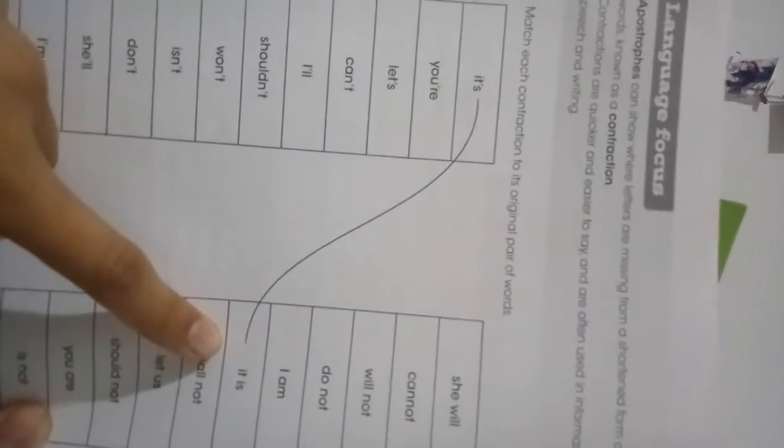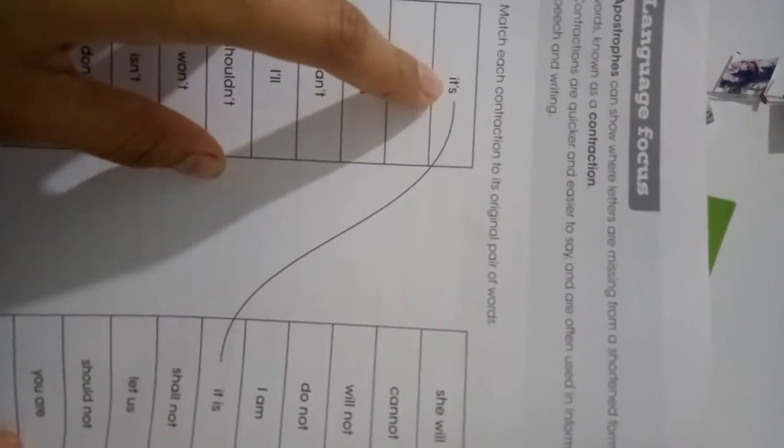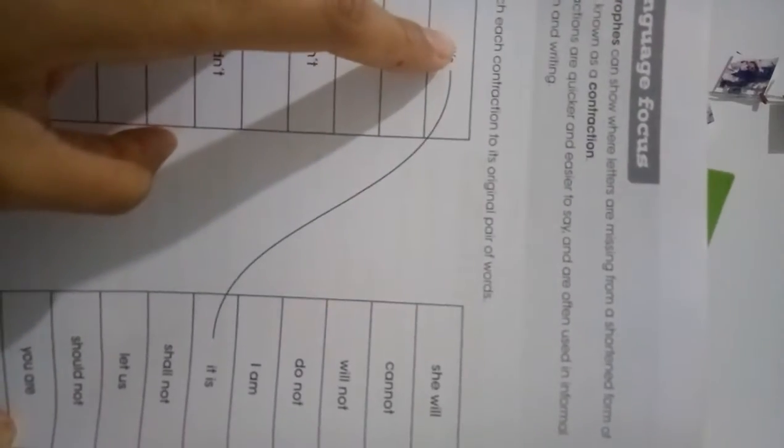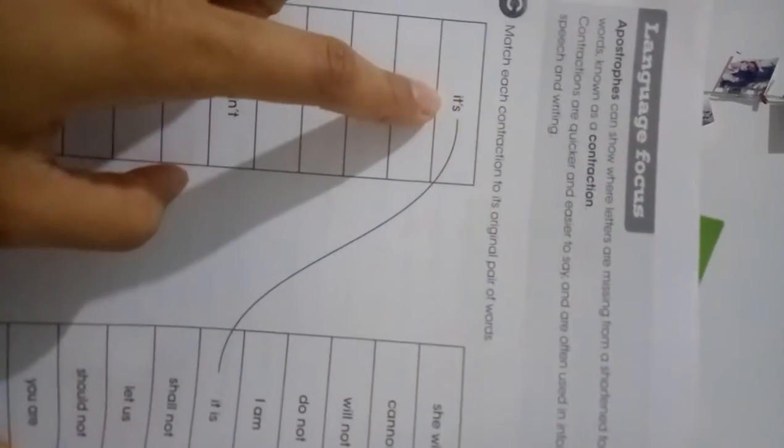For your activity 2, if you can print it out, all you have to do is draw a line to match the contraction, like this example. But if you can't print this out, just copy, for example, its, and then write the equivalent pair of words that match its.